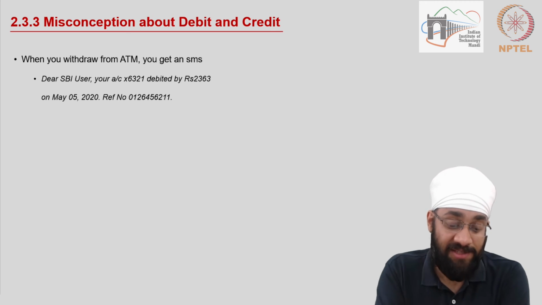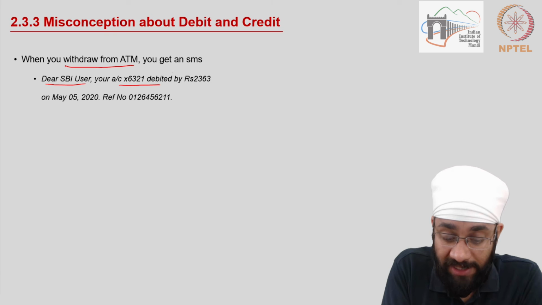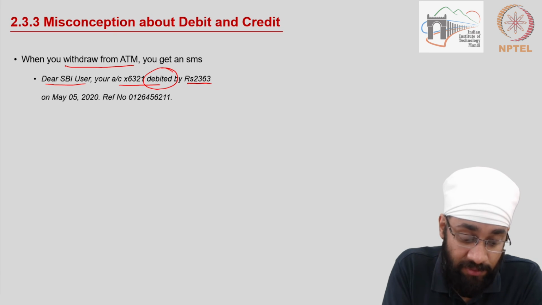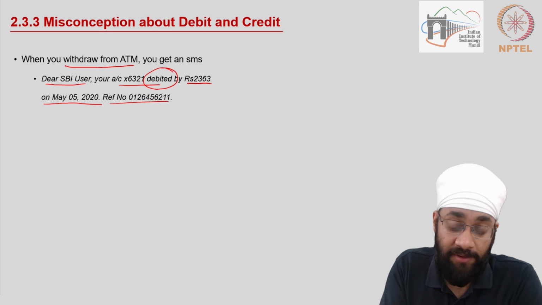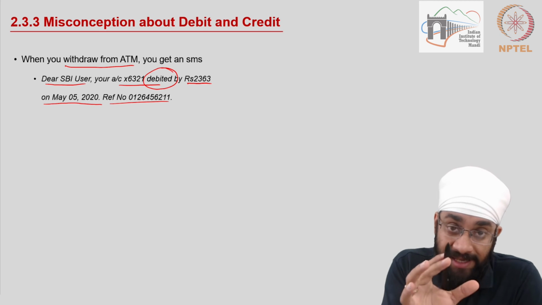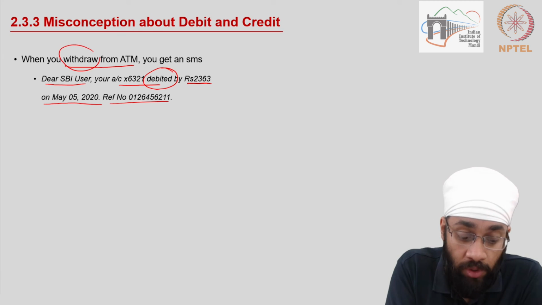The SMS has typically this text. So when you are withdrawing, it says, "Dear user, your account is debited by this amount on this May 5th and whatever details. It can change." But the key item is it is telling you that your account is debited and you are withdrawing.